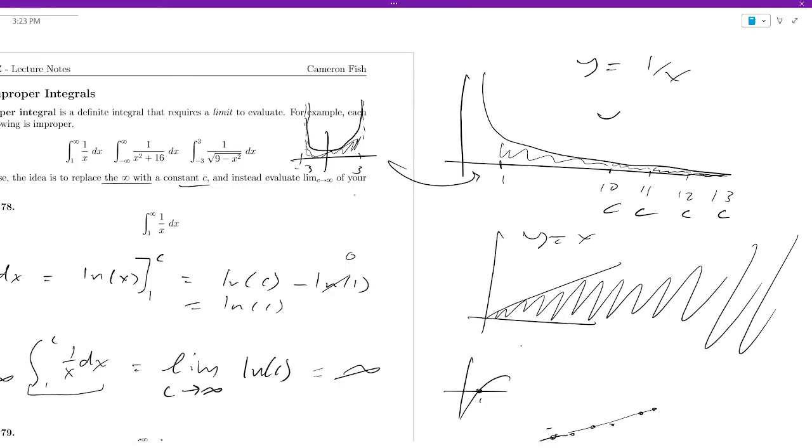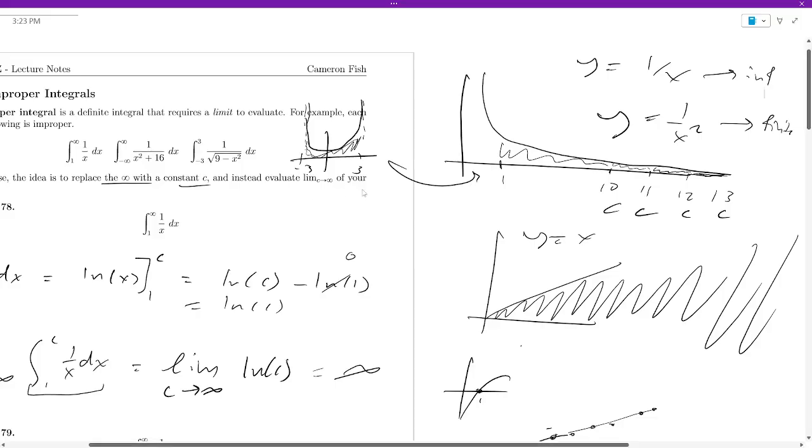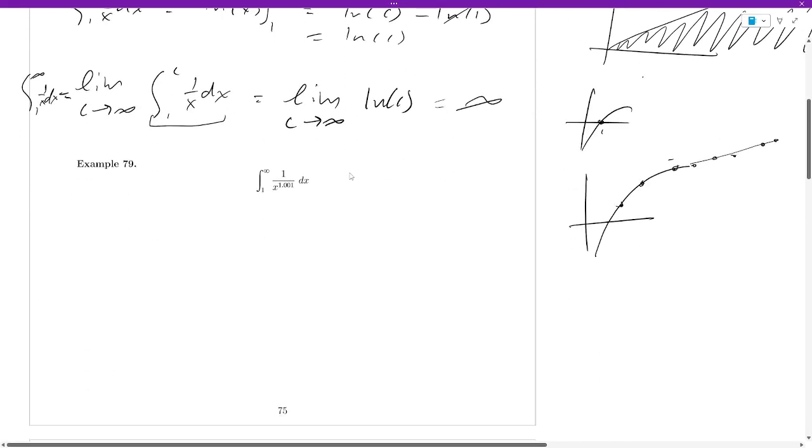If you do y equals 1 over x squared, it turns out this will be finite. But this one will be infinite. They both have y values that go to 0. So it's not obvious just by looking at the y values. So that's pretty interesting.